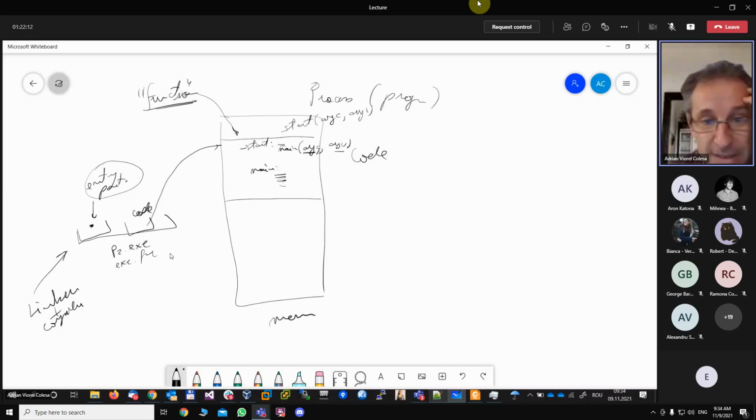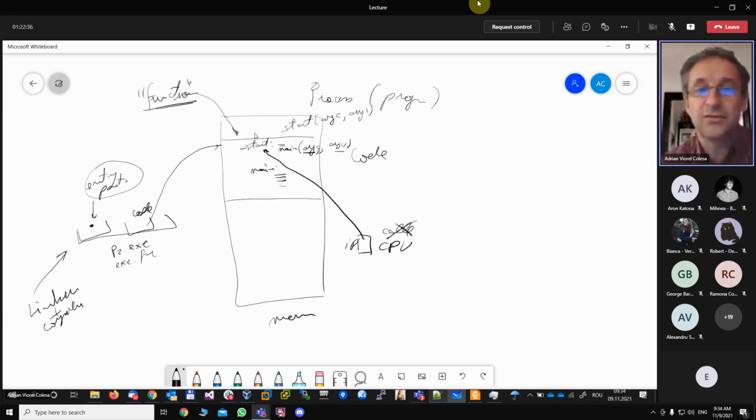The operating system prepares the CPU, configures the CPU to start running from this point. It's not a real call performed by the CPU, it's not a call, it's just the instruction pointer configured to point there, and then the CPU is led to run code starting from that address.